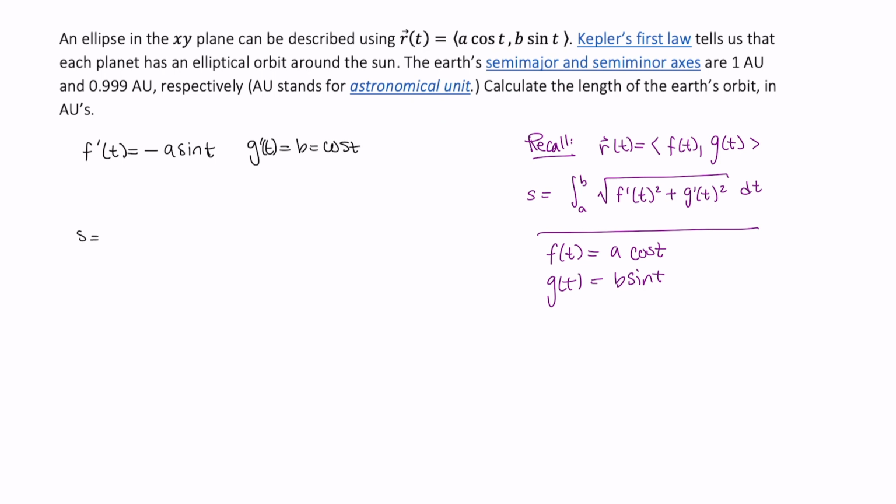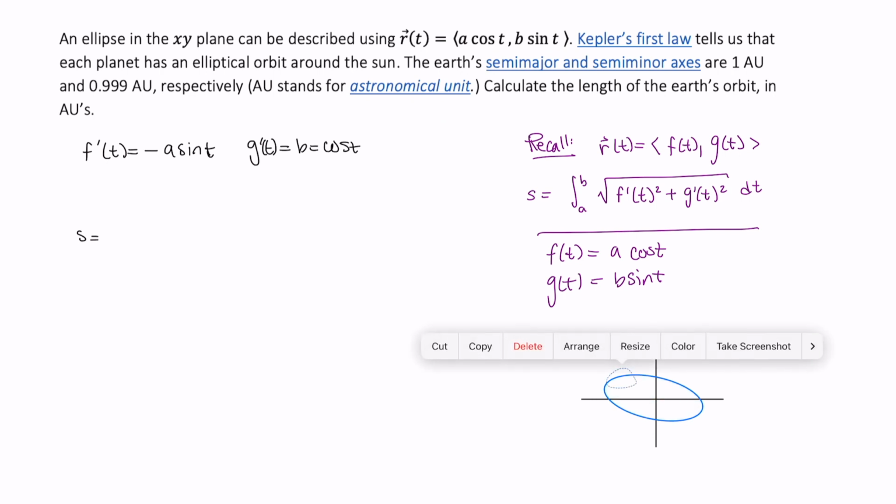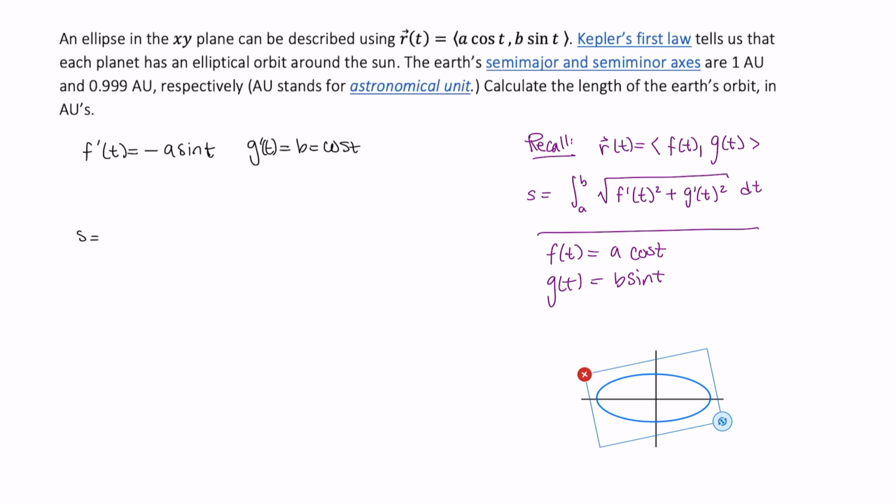So for our arc length, let me quickly draw a picture. Let's say this is our elliptical orbit in the xy plane.